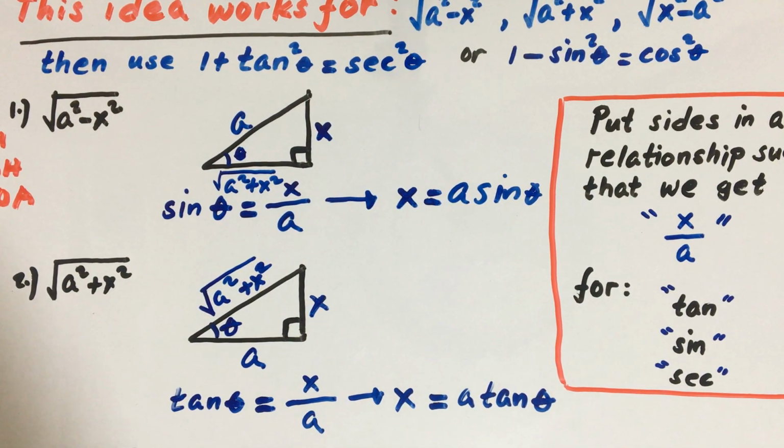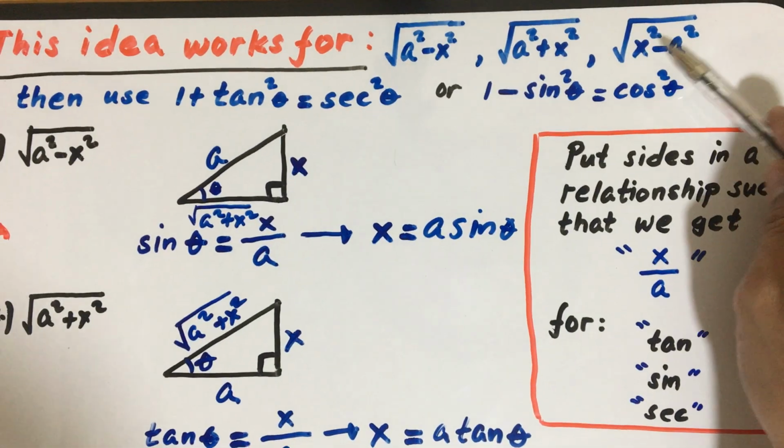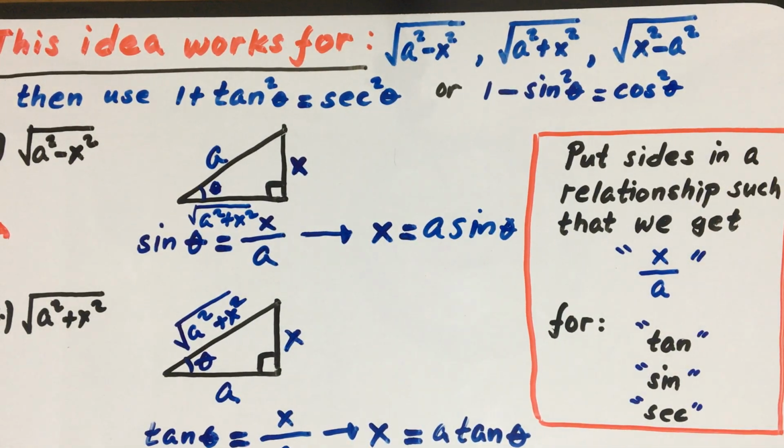Assuming this is our right triangle, and this is our angle theta here. So now the question is, is it a side or a hypotenuse? Is it a leg or the hypotenuse?